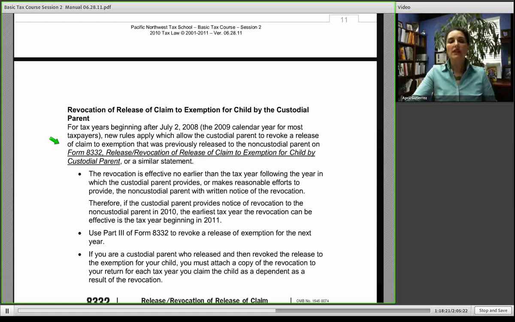The revocation is effective no earlier than the tax year following the year in which the custodial parent provides or makes reasonable efforts to provide the non-custodial parent with a written notice of revocation.